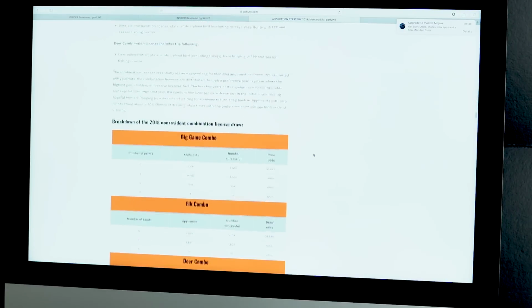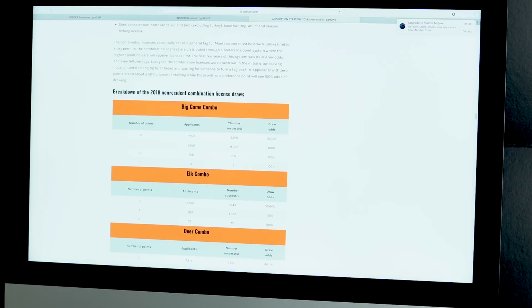And last year, if we break it down here, I think GoHUNT had a good breakdown. So non-resident combination licenses in the draw for the big game combo, which is deer and elk, there were 7,700 applicants with 0 points and 3,900 of them drew, so 51%.